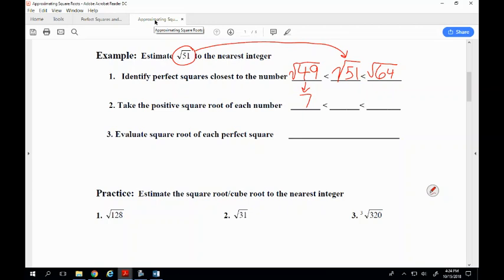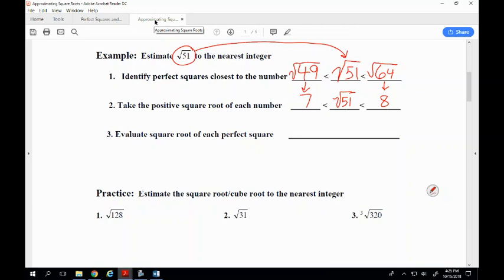Square root of 51, we can't do anything with because we know it's going to become a decimal, but we do know the square root of 64 is exactly 8, okay? Now, here's the part where people get tripped up on. Okay? We need to figure out, is this number closer to 7 or is it closer to 8? And if I just tried to guess at that, it would be just that. It would be a guess.